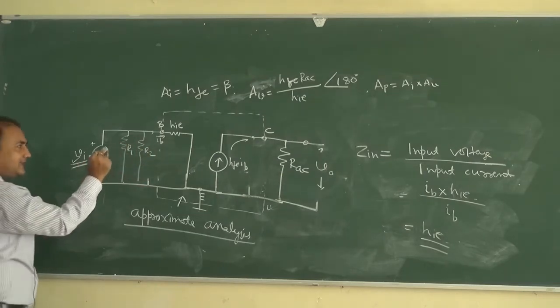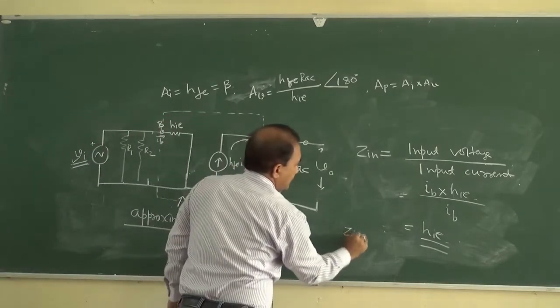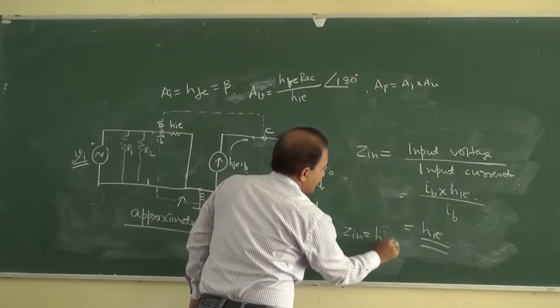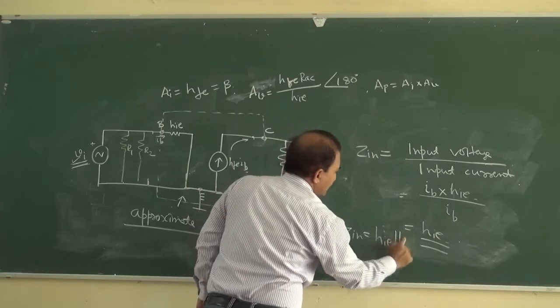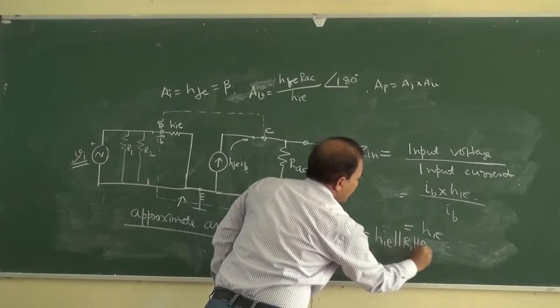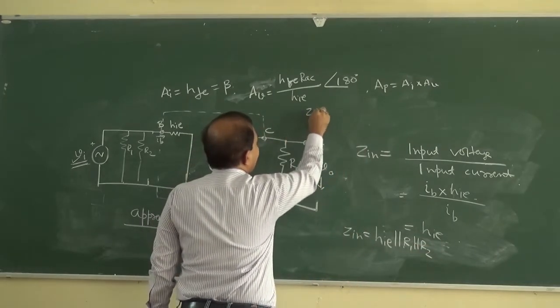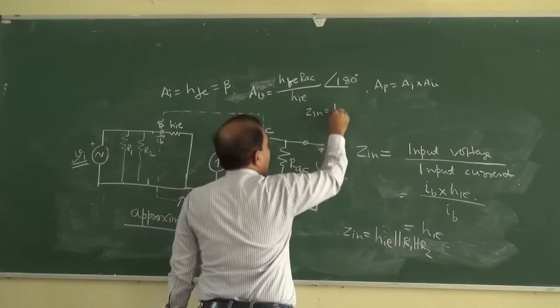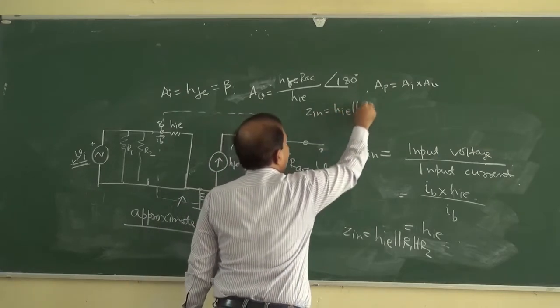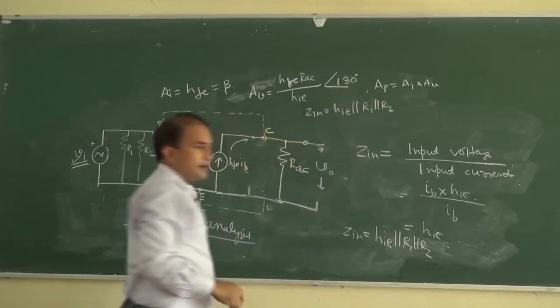But if we are considering R1 and R2, then what will be Zin? It will be equal to HIE in parallel with R1 in parallel with R2. So Zin is equal to HIE in parallel with R1 in parallel with R2.